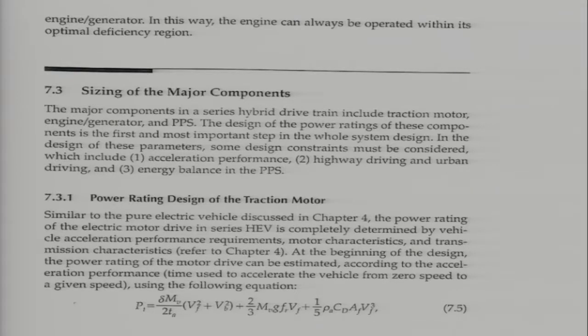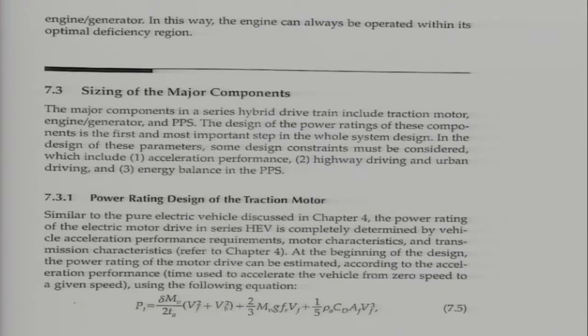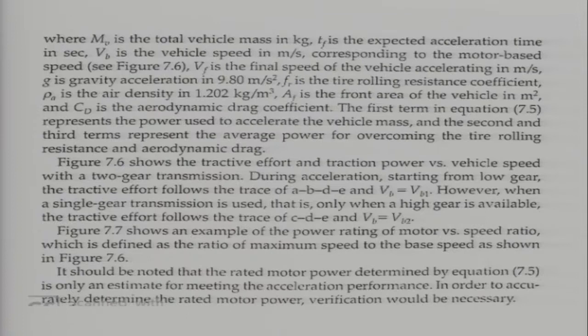If you add these three, you will get the total power of the traction motor. The parameters given, delta, MV, TA, all these are constants related to the particular drive motor as well as vehicle performance parameters.